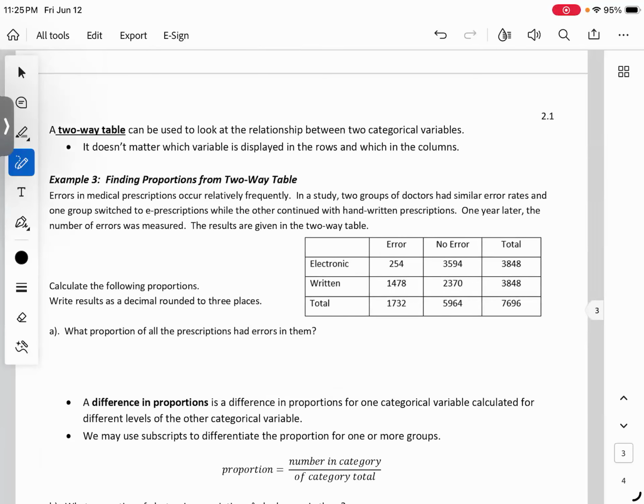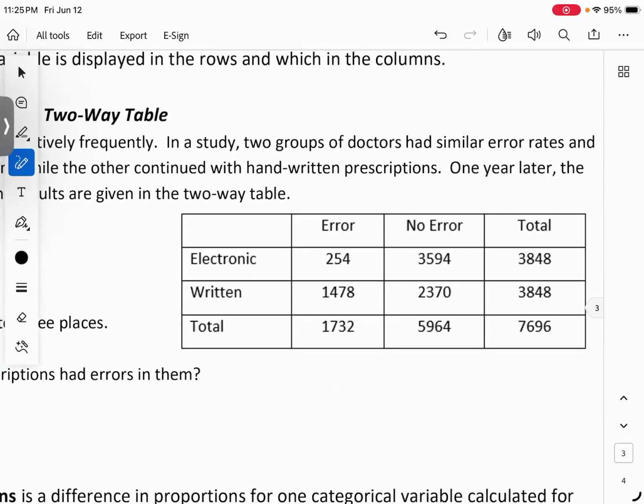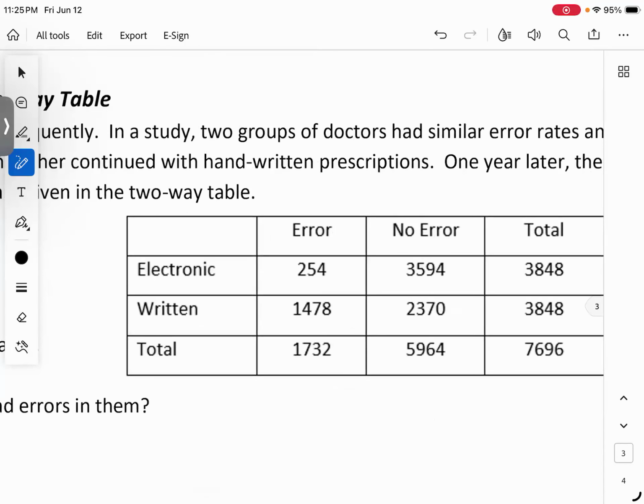This here's a two-way table. And what's different about this one is you've got two categorical variables. What I mean by that is that right here, you've got one variable that's categorical where it's either yes, there were errors, or no, there were no errors, depending on the way that doctors were creating the prescriptions.